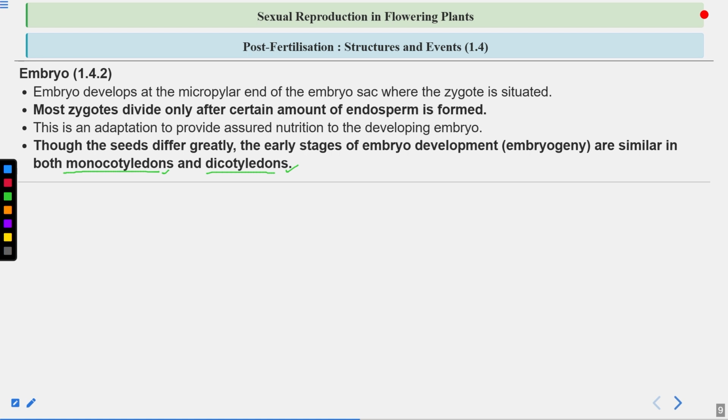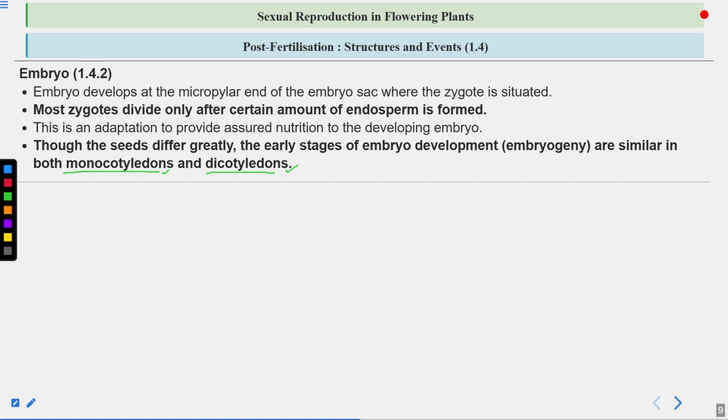By seeing the seed you can tell whether the plant is monocot or dicot. Dicot means the seeds can be split into two parts, in the form of cotyledons. So in dicot, two cotyledons are there. Monocot, single cotyledon. And what are the other features you see in these plants?